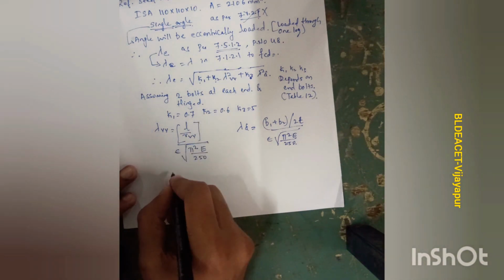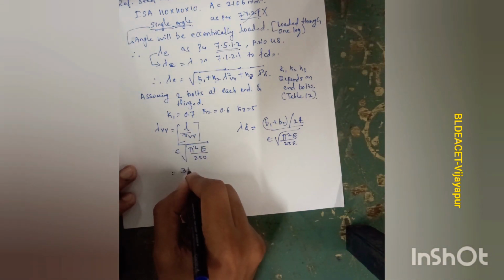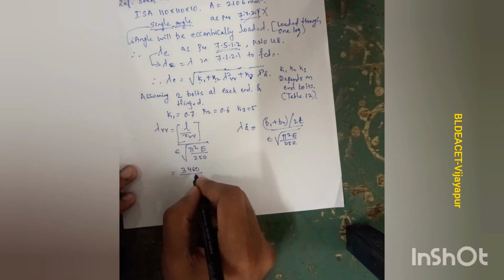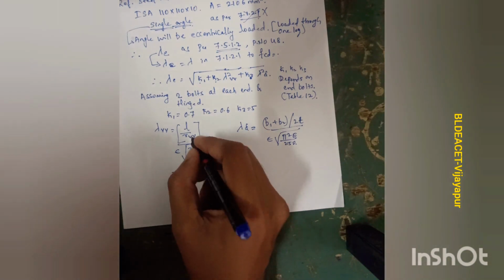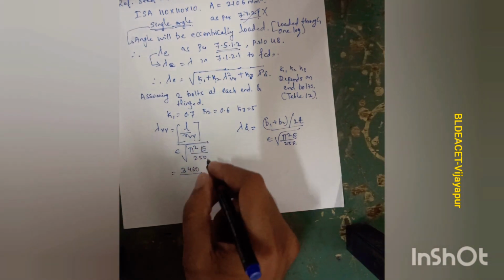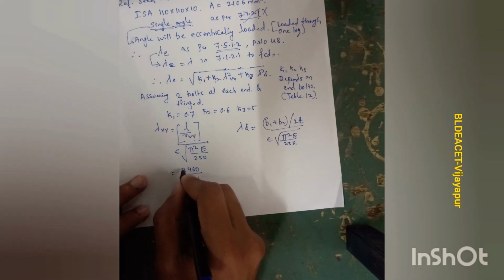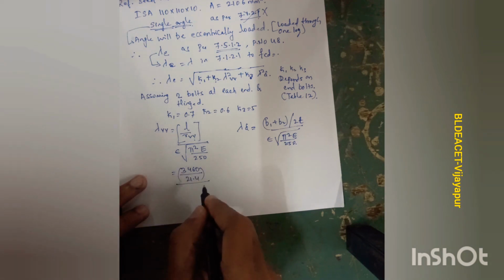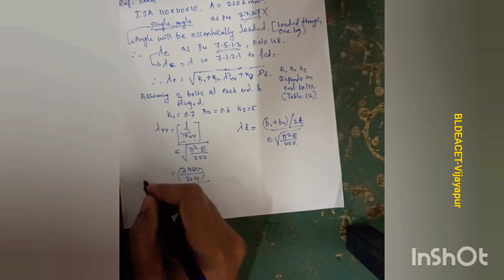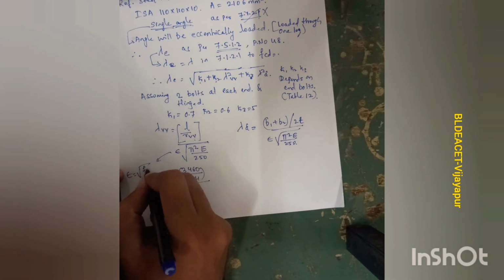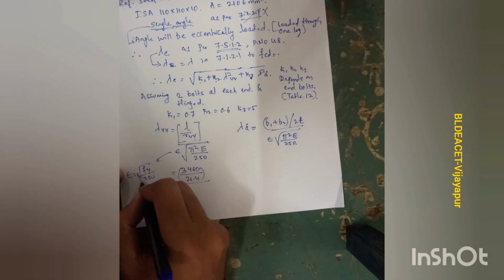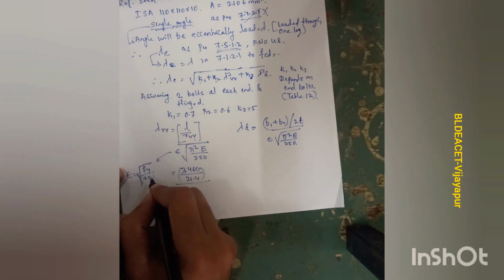So now L is length, so you have to substitute length 3460 in mm. RVV is taken from the steel table, which is 21.4, whole divided by epsilon, which is calculated as root of Fy by 250.